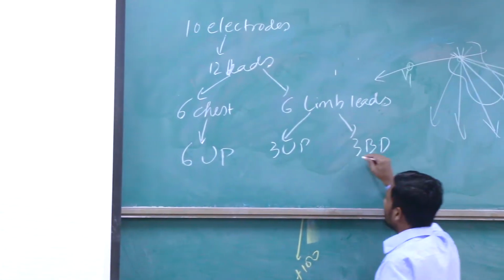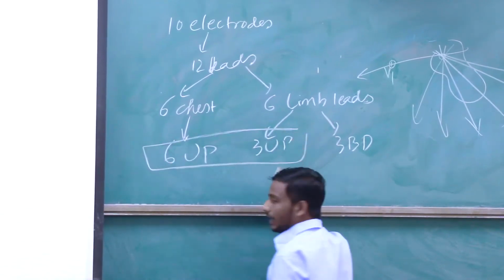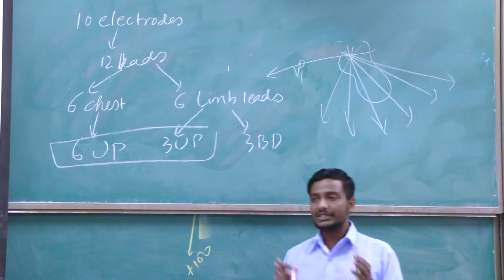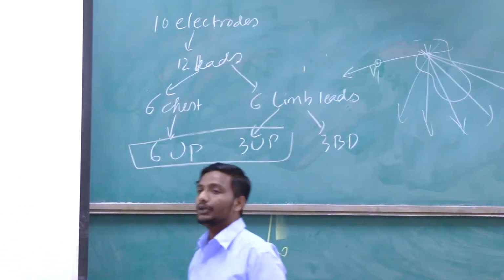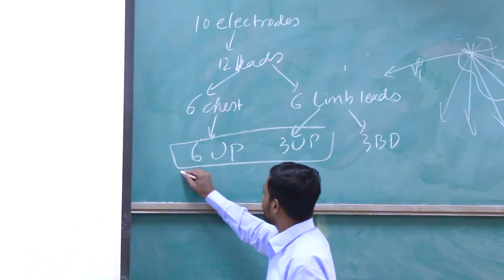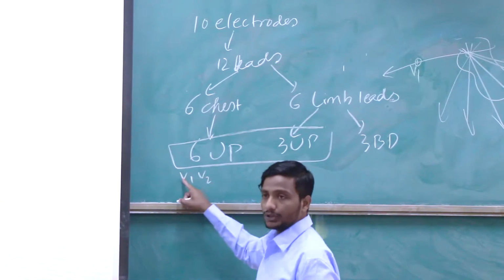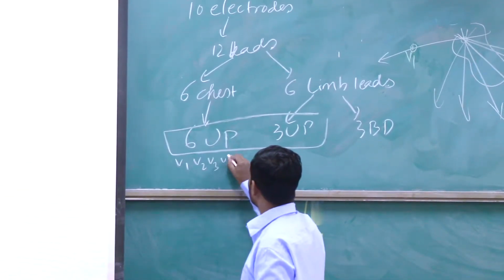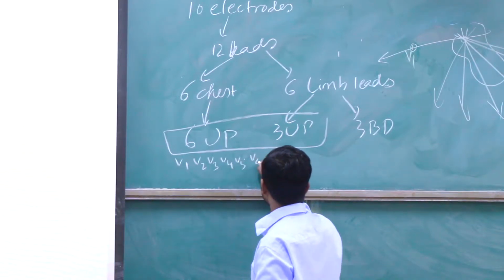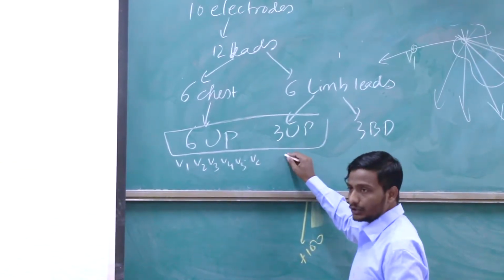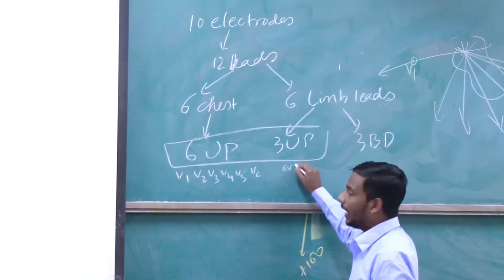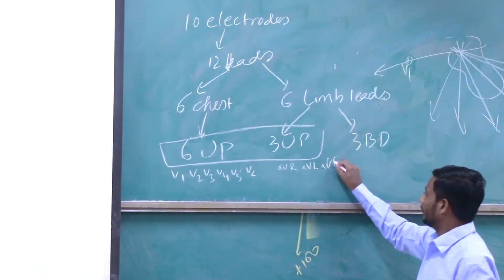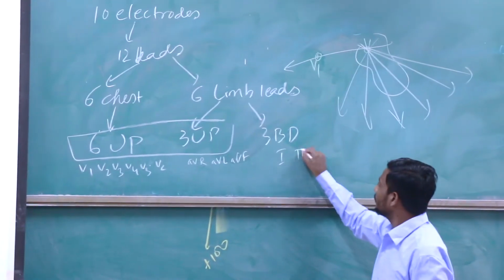So in your exam, if somebody asks how many unipolar leads we have, 9. In the 12-lead ECG, we have 9 unipolar leads. The unipolar leads always have the letter V: the chest ones are V1, V2, V3, V4, V5, V6, and the unipolar limb leads are aVR, aVL and which one? aVF. And the bipolar ones are 1, 2, and 3.